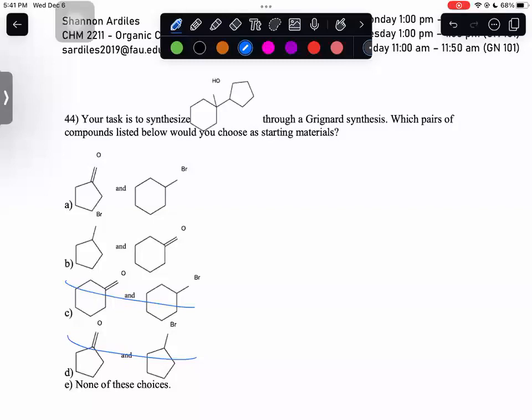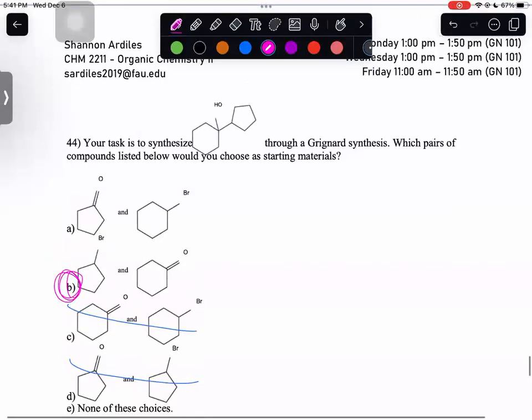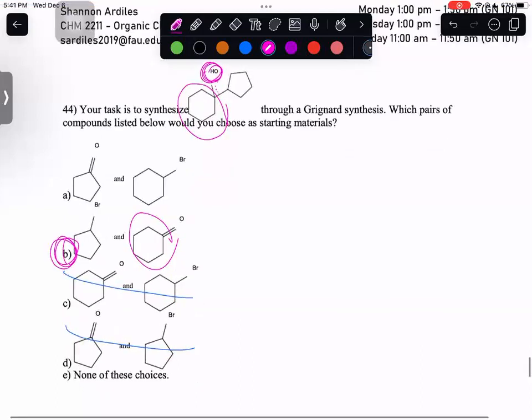And then it is B. Because we can see that the alcohol group, which we know was our original carbonyl, is connected to the 6 carbon chain.